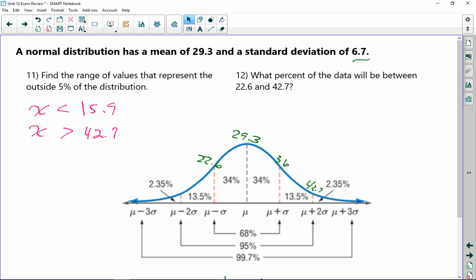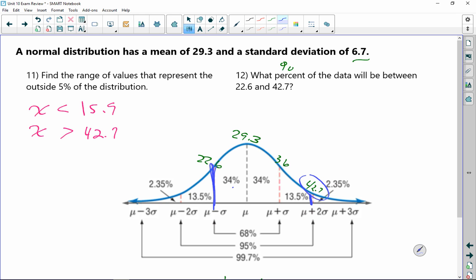Alright, number 12. What percent of the data will be between 22.6 and... so it's asking for a percent. 42.7 is outlined right there. 22.6 is right here. So how would I find that? Yeah, just add.